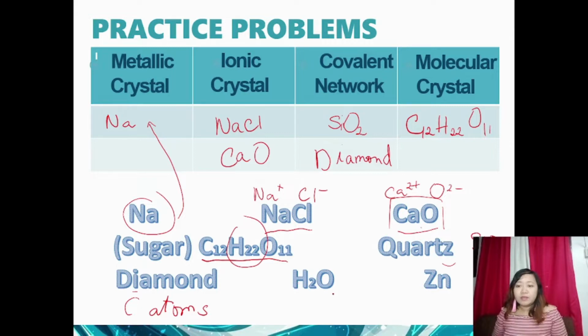Next is the water molecule. It is composed of hydrogen and oxygen. It has hydrogen bonding. Therefore, it is a molecular crystal when water becomes ice.